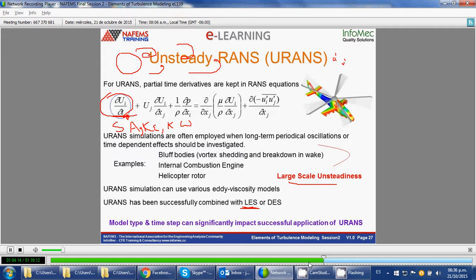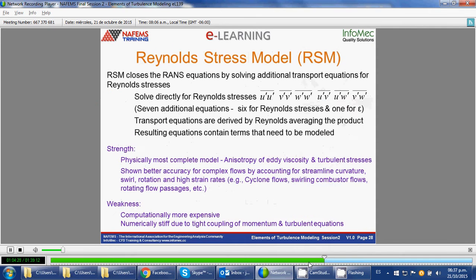The model type, again, just like we talked about, K omega might be good for this, or K epsilon would be good for this, or SA model would be good for something. Again, that would be important as well. So I think that's a question we had about the URANS, and I wanted to discuss how that comes about.